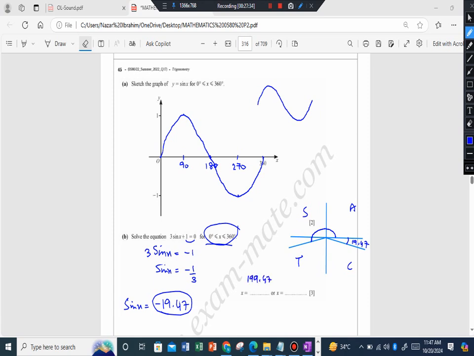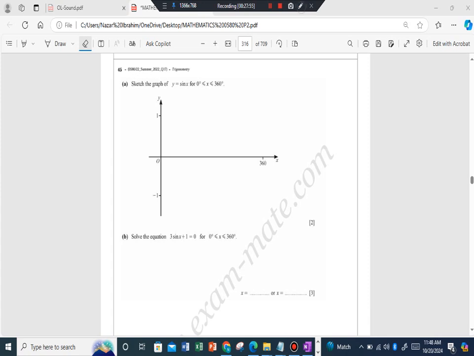And the second angle will be starting from here to this part. So it means 360 minus this part. 360 minus 19.47, in the calculator I'm getting 340.53. 340.53. Clear? Let's move further.